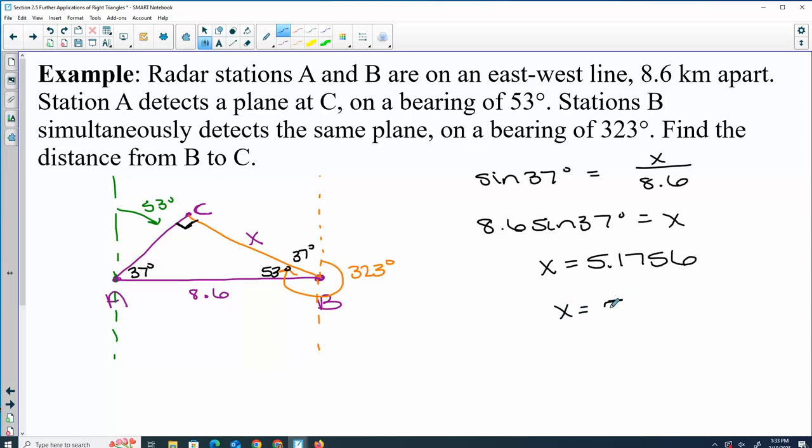So if I round that to 2, it would be 5.2, and we were in kilometers here. So the trig is the same as what we had in green. The difference is reading the problem and setting up a picture. Is that one okay?